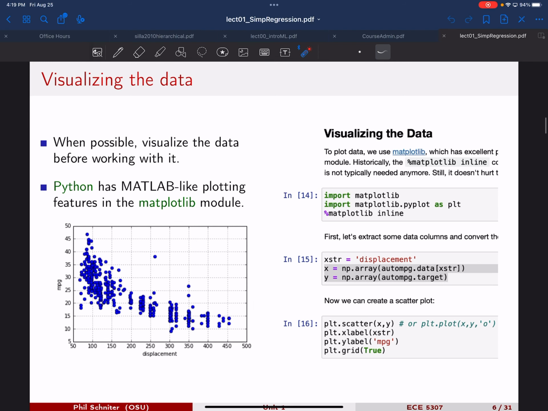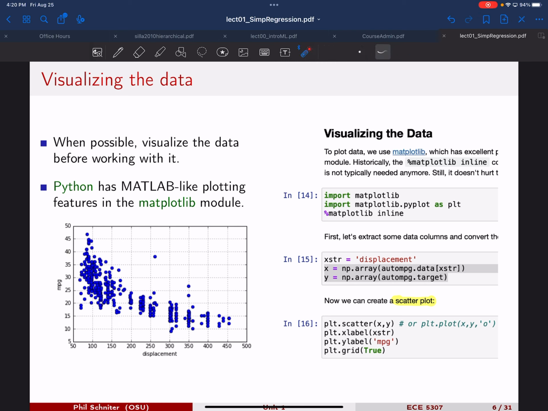Okay, so here we've extracted the displacement numbers into a long vector x, and we've taken our target, miles per gallon, and we've put those in a vector y, and then we're going to plot them, and we're going to use what's called a scatter plot. This is the typical way you plot data. You plot each one of the samples as a point.